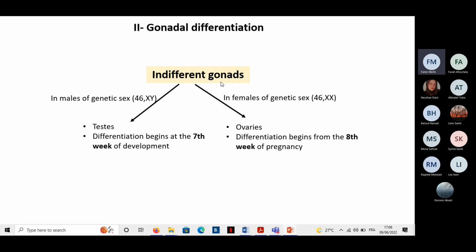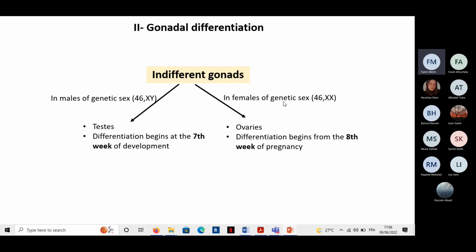If the embryo has male genetic sex, so if it carries XY chromosomes, those indifferent gonads will differentiate into testes, and the differentiation in the male starts at the 7th week of development.